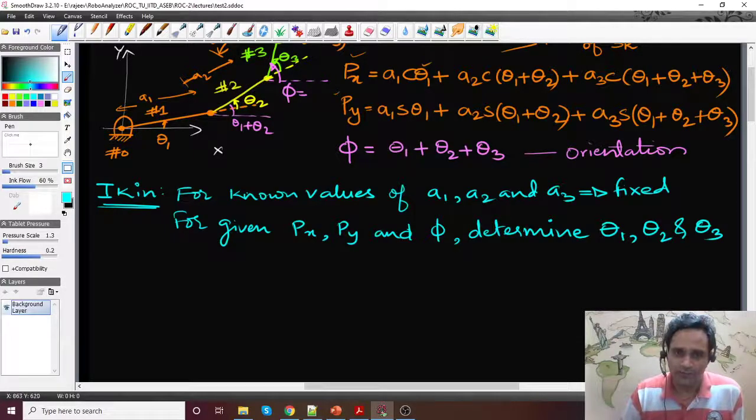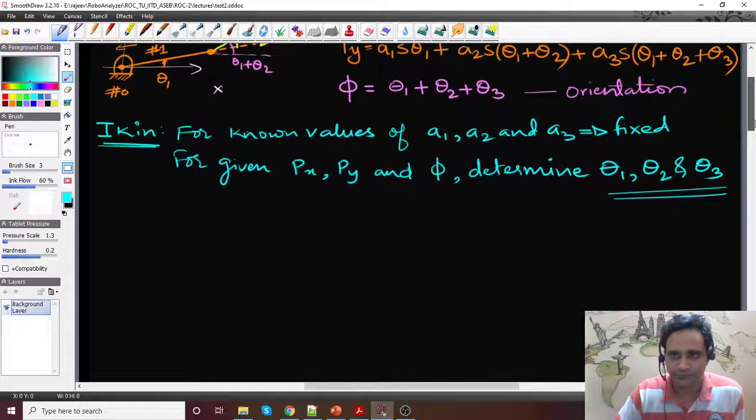So when we find out these angles, we call it inverse kinematics. That is the definition, and we'll be doing the same.